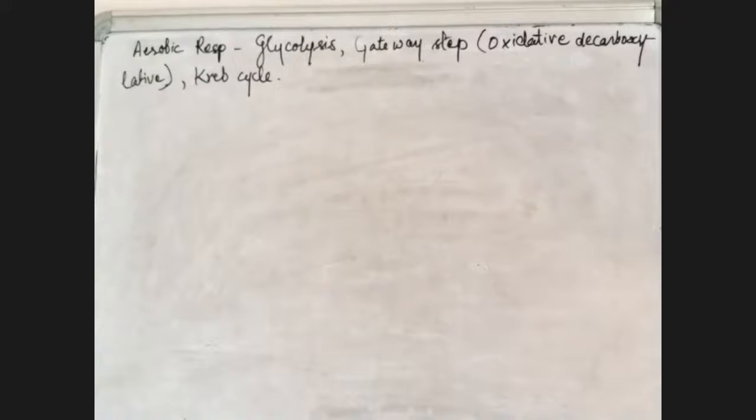So here we will just take three processes: glycolysis, the oxidative decarboxylation, which is also known as gateway step, and then Krebs cycle.